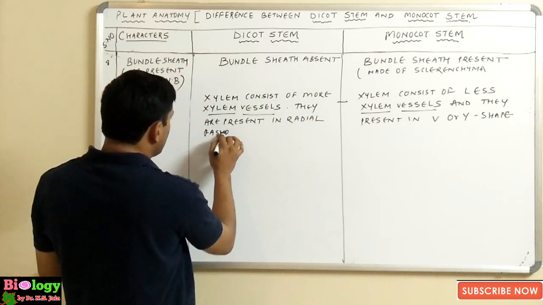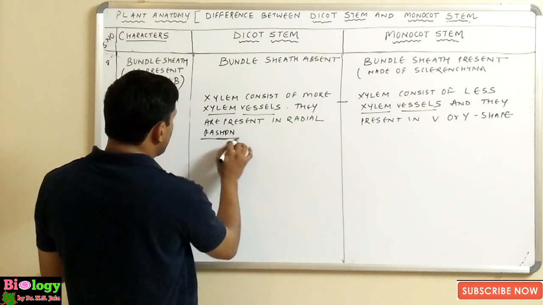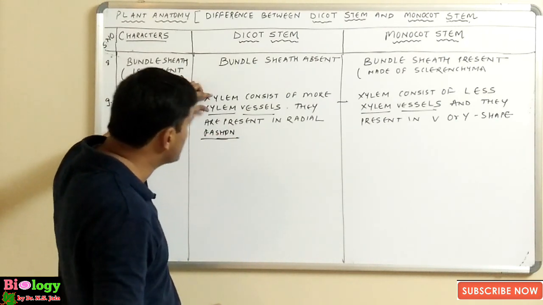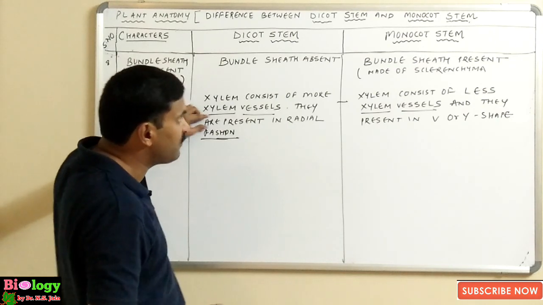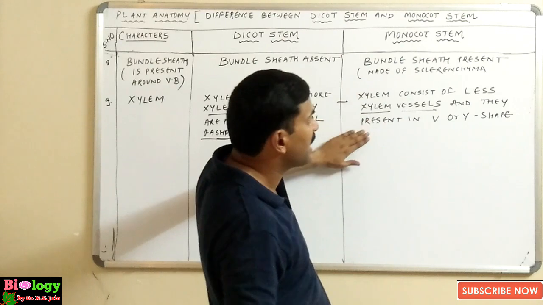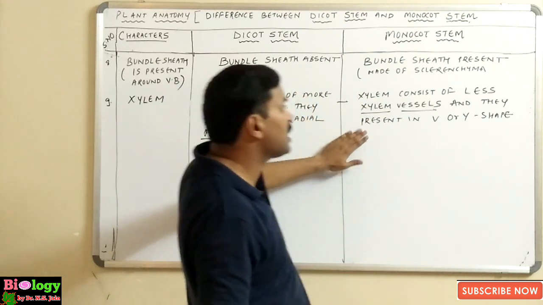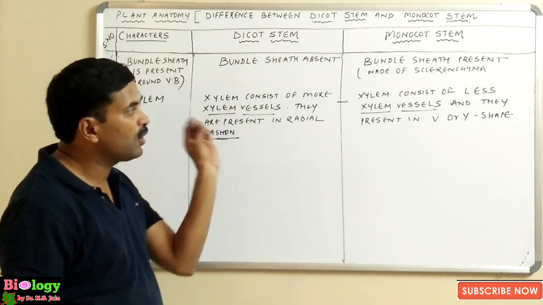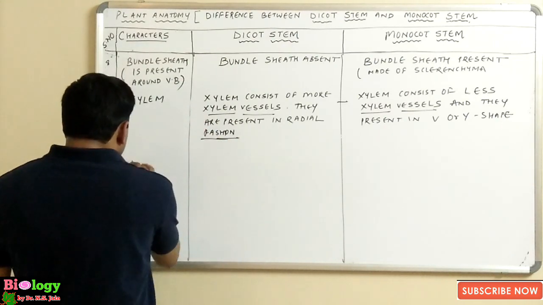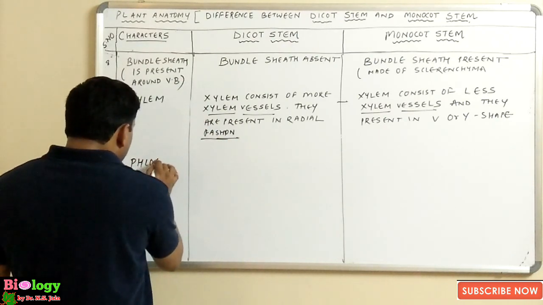So here the xylem consists of more xylem vessels and they are present in radial fashion. Here the xylem consists of less xylem vessels and they are present in V or Y shaped condition.